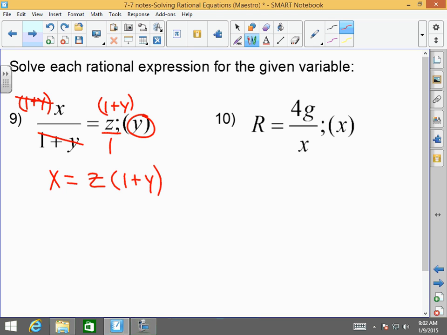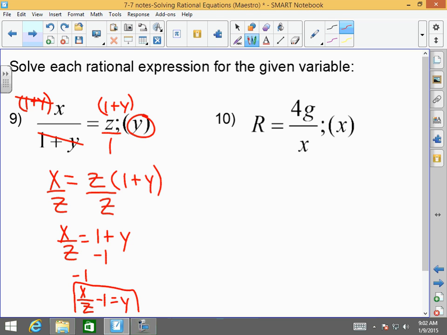I want to get y alone, so I'm going to divide by z to both sides. x over z equals 1 plus y. Subtract 1 to both sides. So x over z minus 1 equals y. Cake. Exactly.